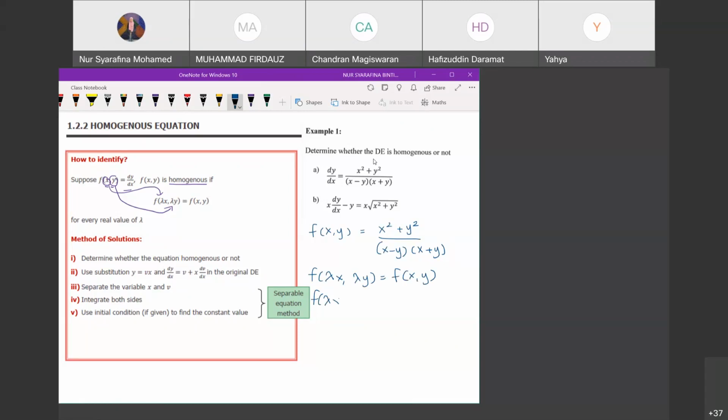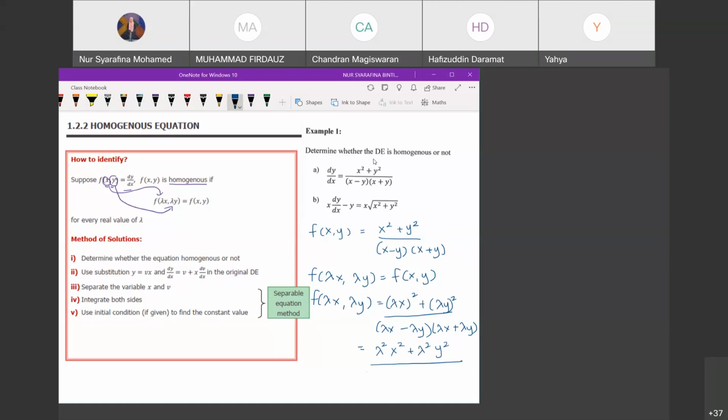So what is f lambda x, lambda y? You just substitute x with lambda x, y with lambda y. So now the function will become lambda x squared plus lambda y squared over lambda x minus lambda y, lambda x plus lambda y. And then you have to simplify. So here we have lambda squared x squared plus lambda squared y squared.